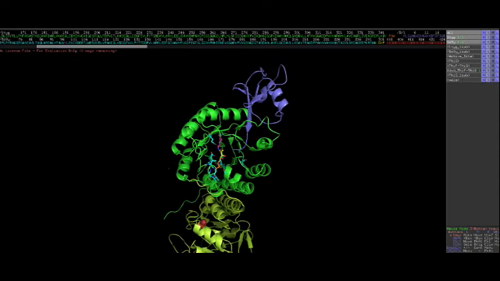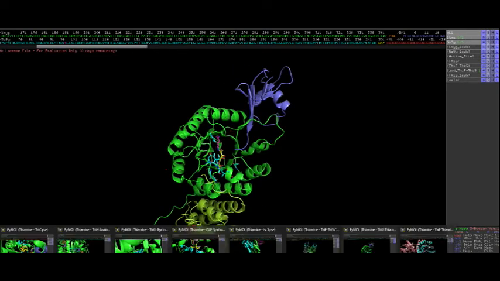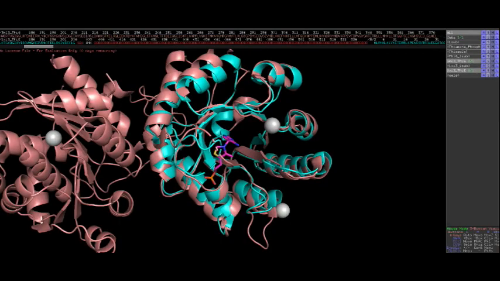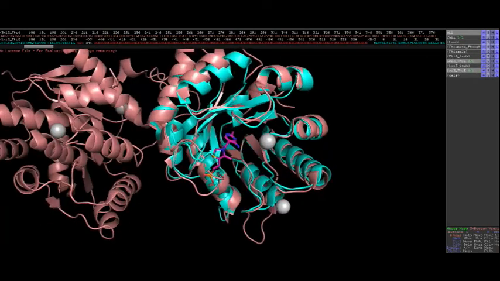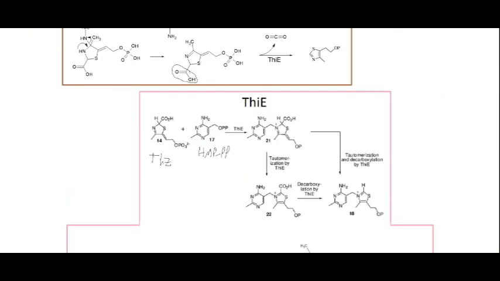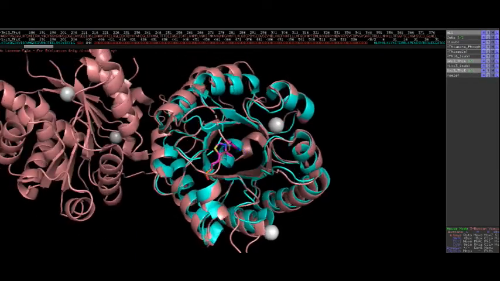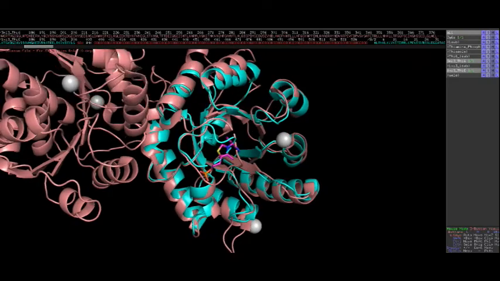So that is the THIG, and then the THIE I have right here. In salmon, I actually have the THI6 from eukaryotes, and in cyan is THIE from archaea.